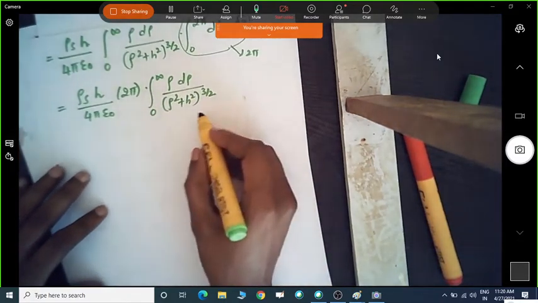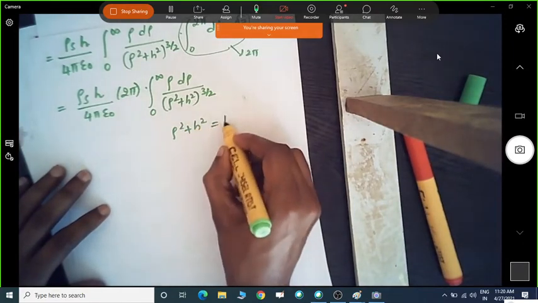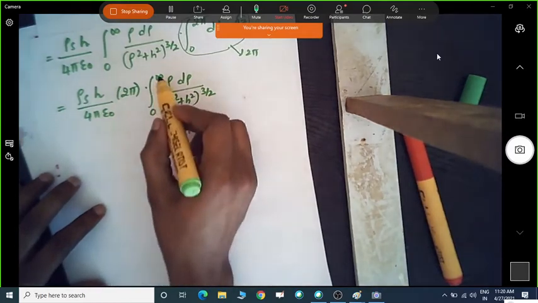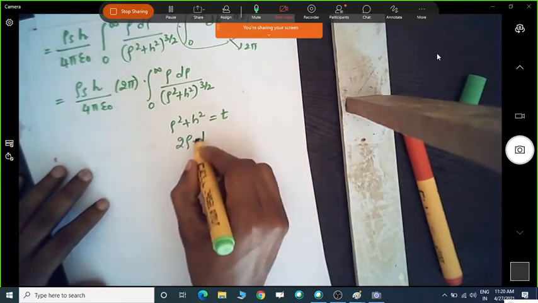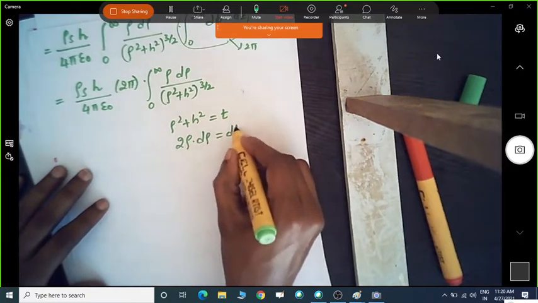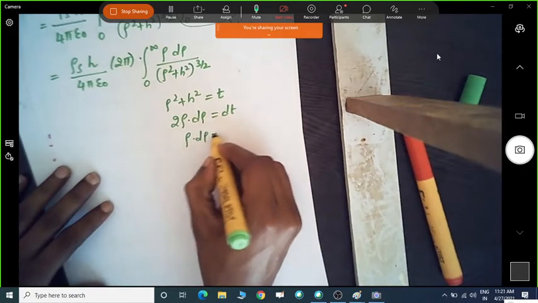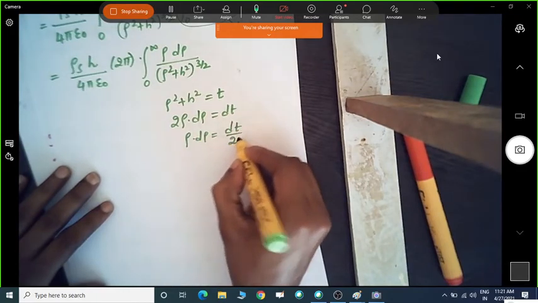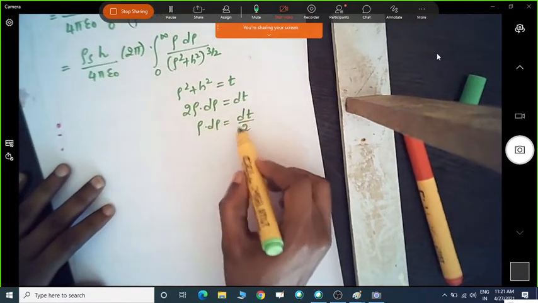Now what I'll do is take rho square plus h square equal to t, another variable, to evaluate this integral. Now 2 rho d rho is equal to dt. So rho d rho we can replace by dt by 2 in this integral.